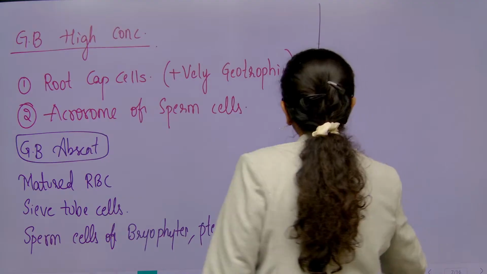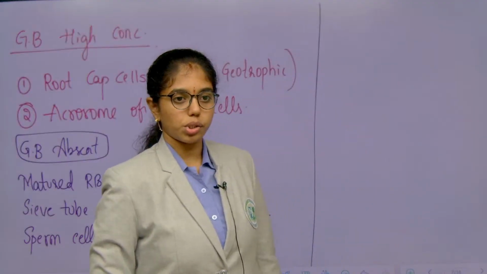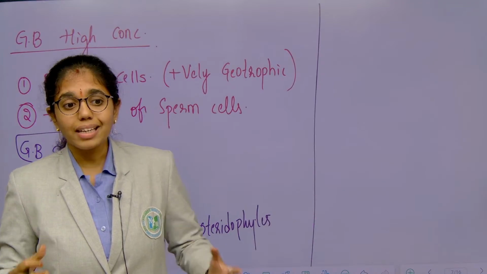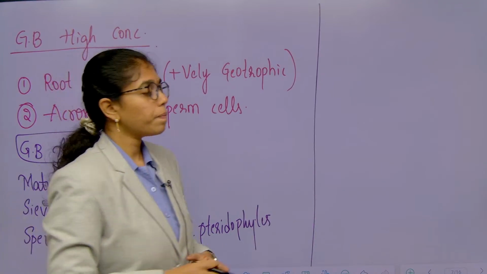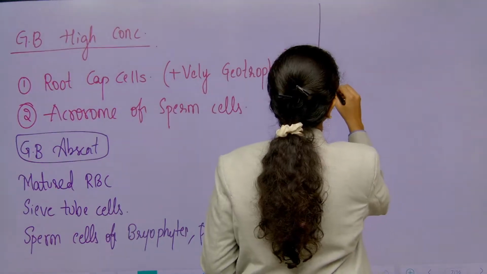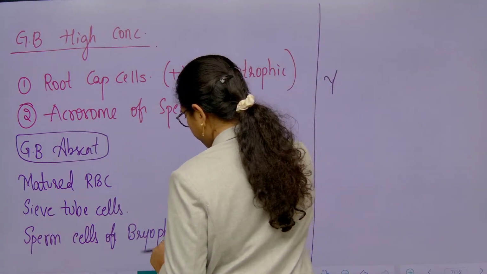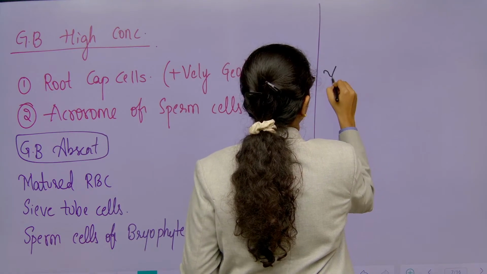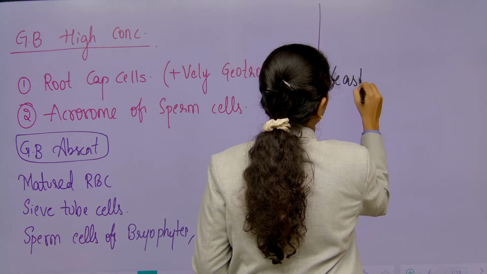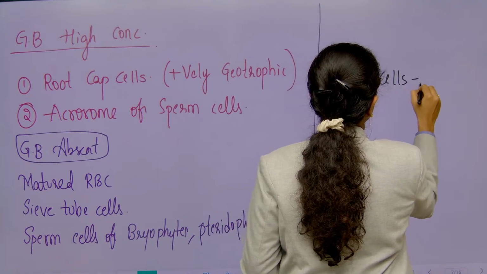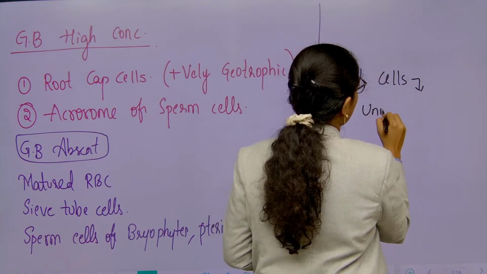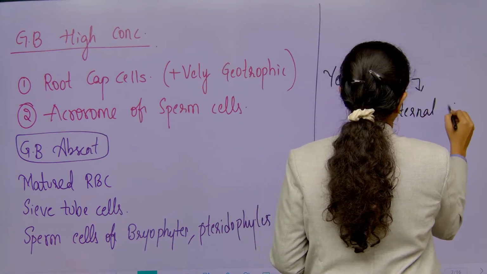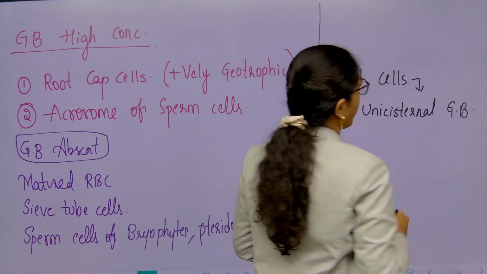And Golgi bodies are disc-shaped structures, but they can be unicisternal, unconnected, interconnected and stalked. Like if you observe yeast cells, you can see unicisternal Golgi bodies.